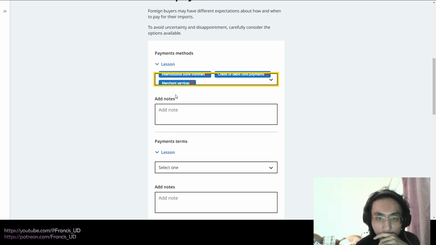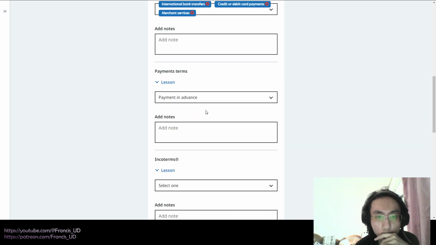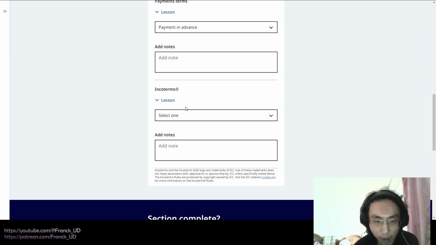Merchant services. Yeah, let's choose 3 of these. Payment terms: payment in advance or letter of credit, bank collection or documentary collection, D/C, open account or other. Let's see what happens here if we choose payment in advance.